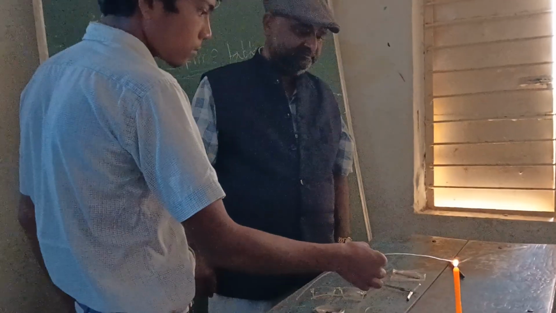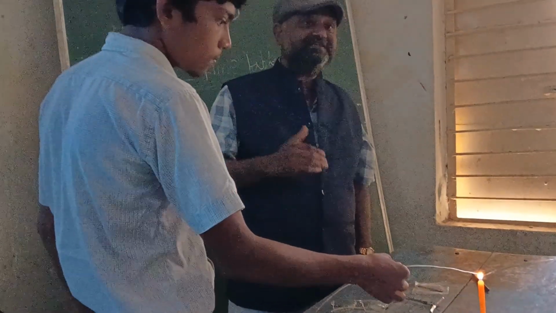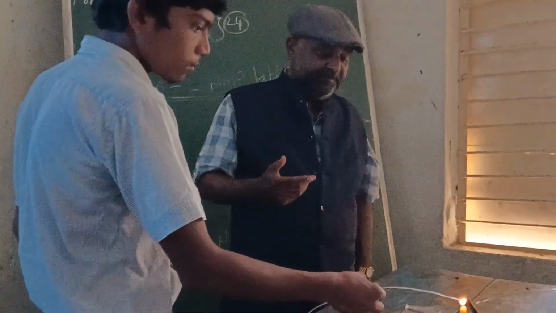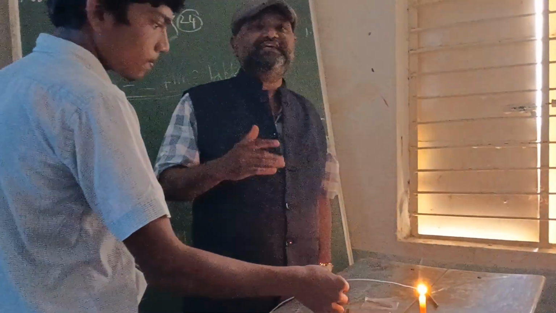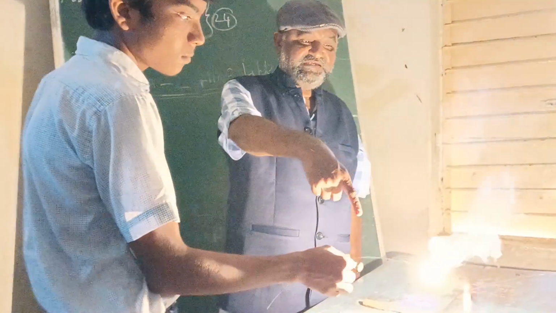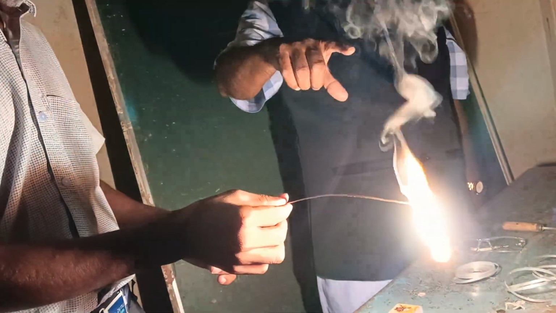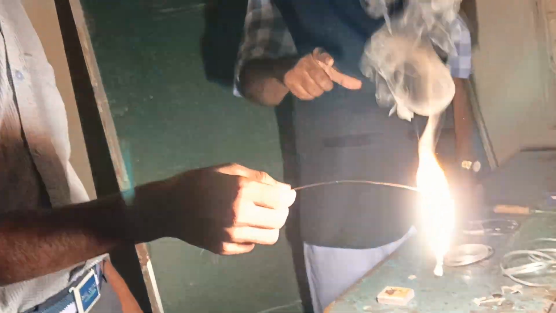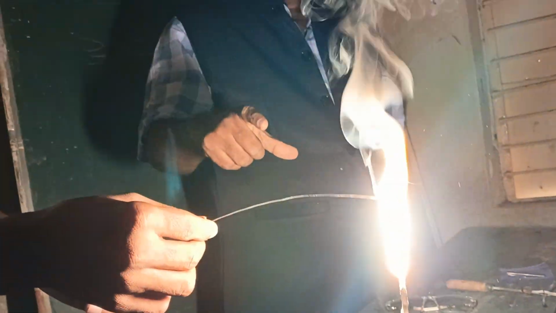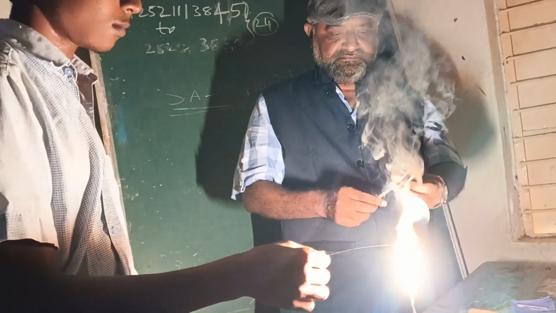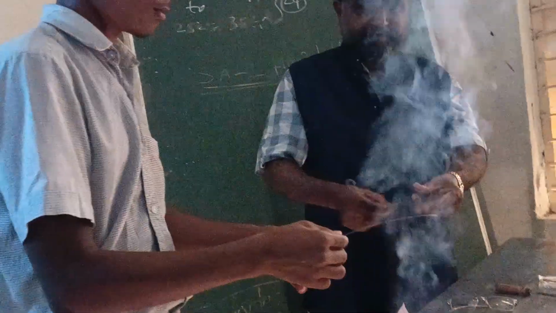You observe. What type of changes will occur? Because we learned earlier that a chemical reaction is where some changes take place. You can see, is it burning or not? Is it a dazzling light or not? How is the light? Very shining? Very bright or not? It is very bright.